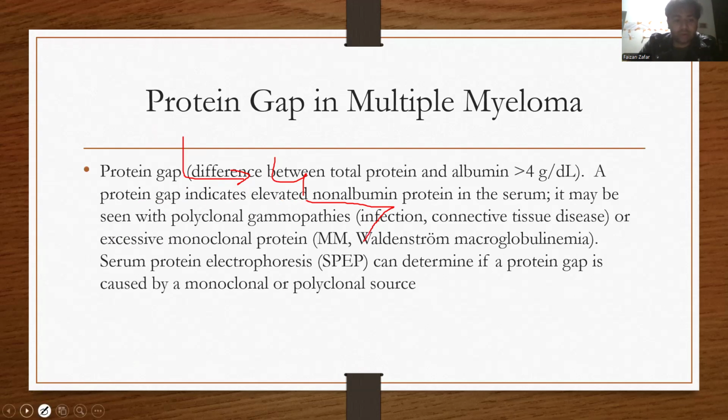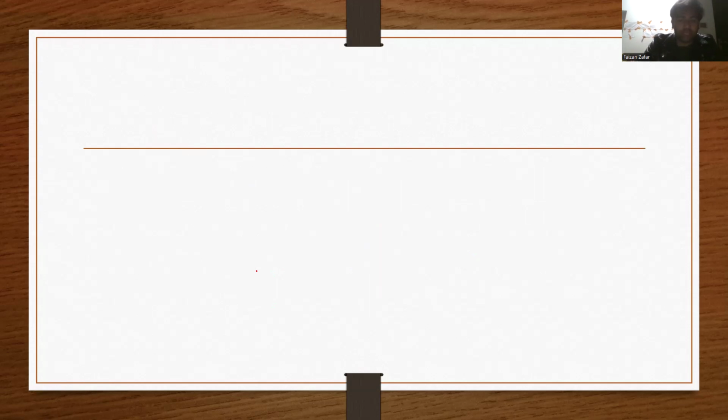It may also be elevated in other infections, polyclonal gammopathies, connective tissue diseases, and excessive monoclonal protein, that is multiple myeloma and Waldenström macroglobulinemia. Serum protein electrophoresis can determine if the protein gap is caused by a monoclonal source.